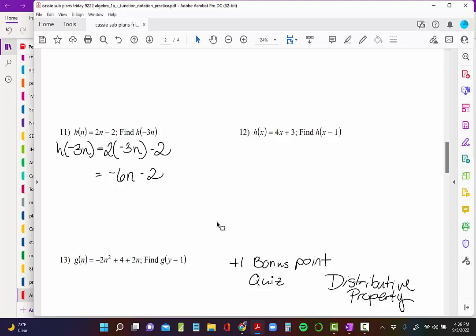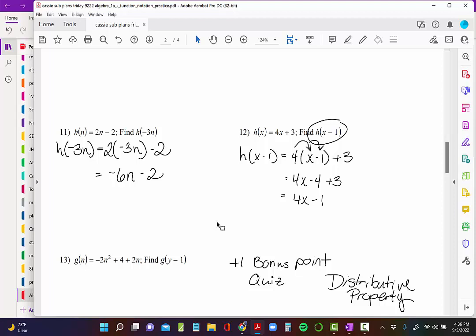But I'm going to go ahead and solve for this guy. So we've got h of x minus 1 equals 4 times x minus 1 plus 3. Now I'm going to distribute the 4. So that is 4x minus 4 plus 3.